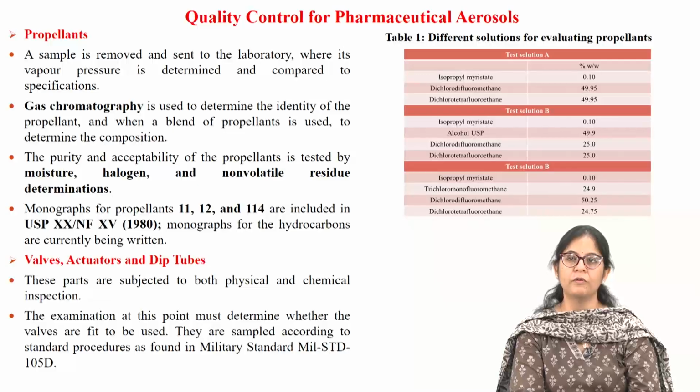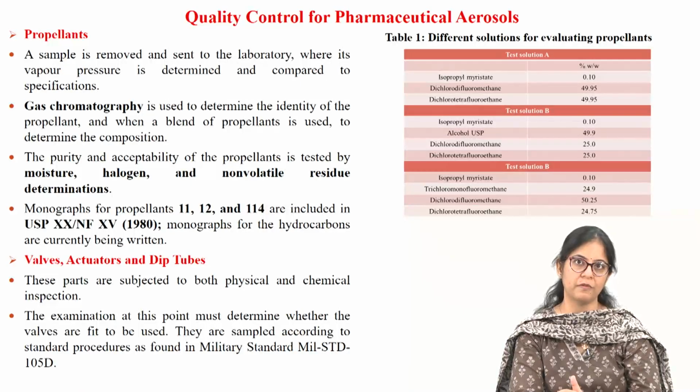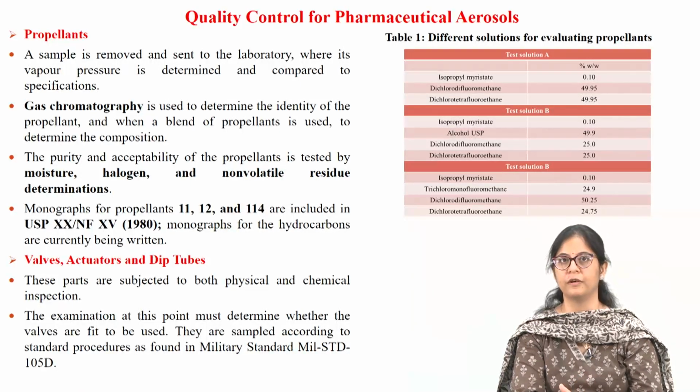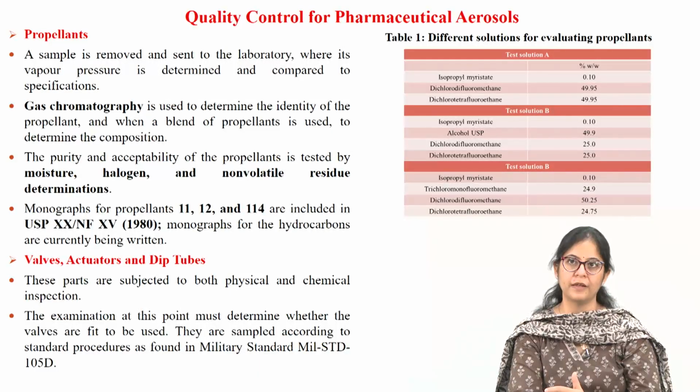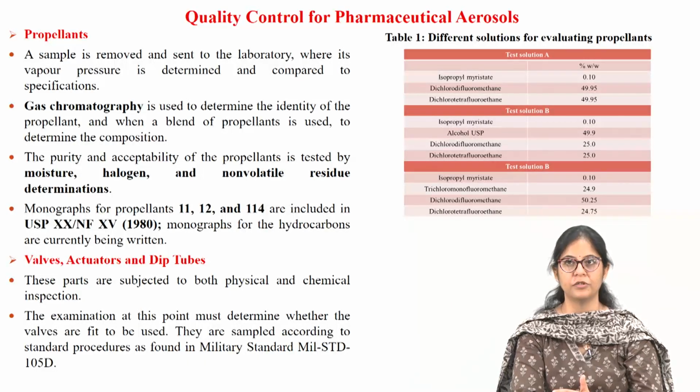So, the quality control of pharmaceutical aerosols involves looking into the quality aspects of all the components starting from propellants to valve, actuator and dip tubes. A sample is removed and sent to the laboratory where its vapor pressure is determined and compared to specifications for the propellants.